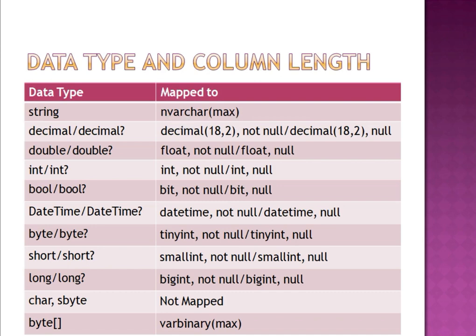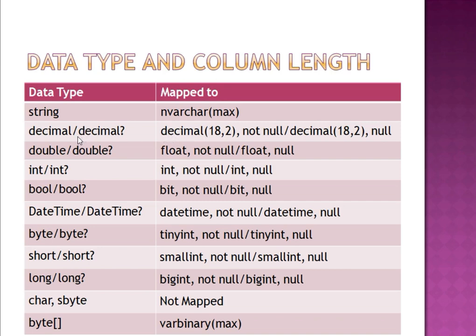All of you are familiar that there are nullable data types also, specifically for value types, meaning integer, decimal, double, float. So how do they get mapped? If you just specify your property of type decimal, then it will be a not nullable column and it will be mapped as decimal.